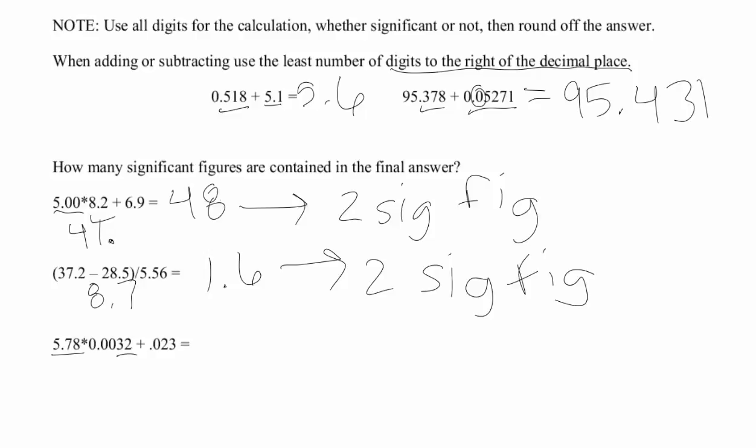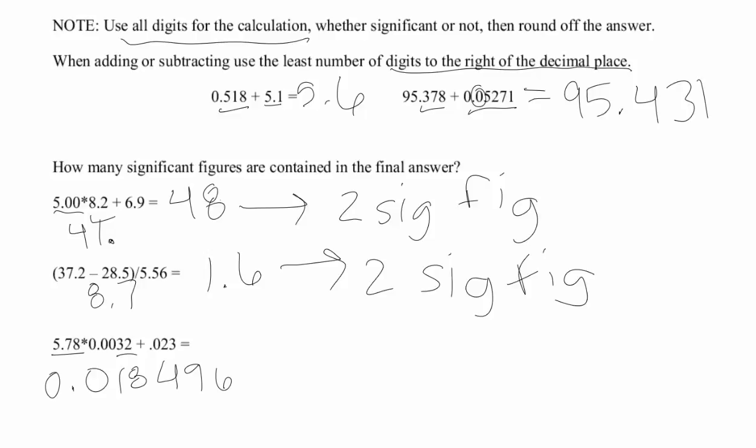So this number only has 2 significant figures. Therefore, when we multiply these two numbers, our answer should have 2 significant figures. So our answer comes out to be 0.018496.